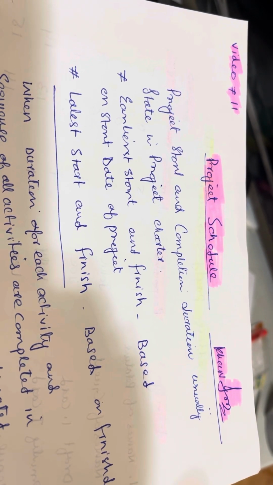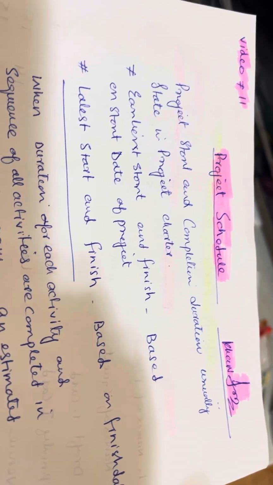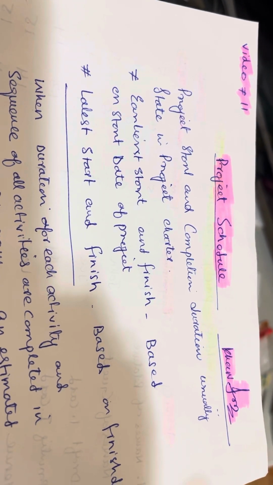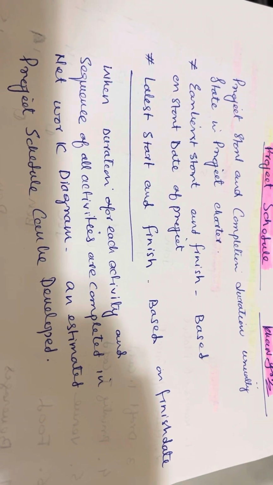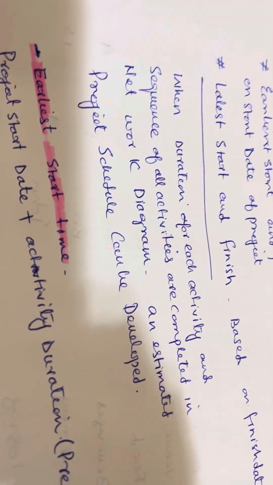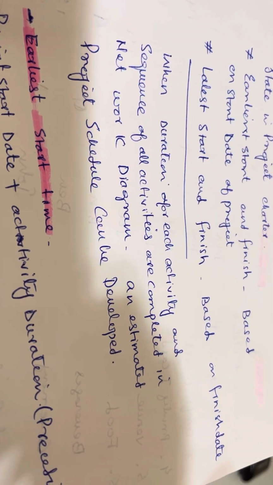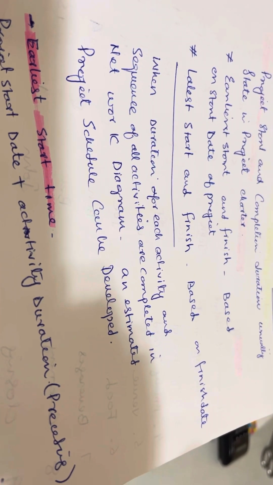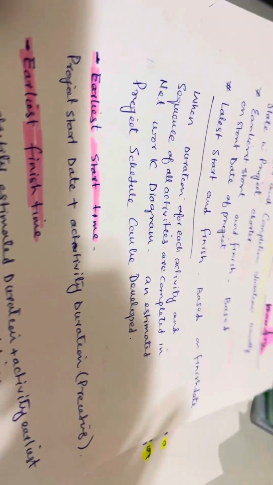The earliest start and earliest finish are based on the project start date, and the latest start and latest finish of each activity are based on the end of the project, the completion date. When the duration of each activity and the sequence of all activities are completed, and then the network diagram, this project schedule is developed.